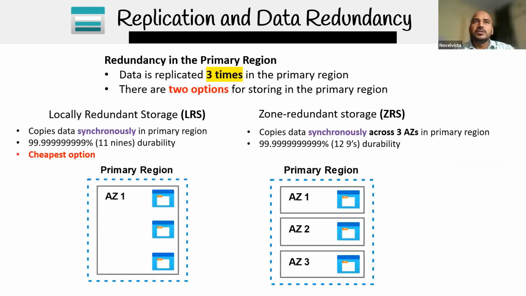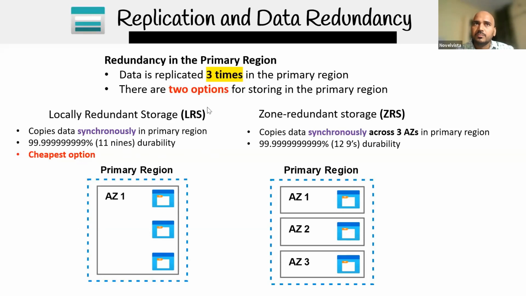Now this image talks in detail about how it happens. You can see locally redundant storage. This is your primary region and 3 copies are kept. With zone redundant storage, your copies are kept in multiple availability zones, but in the same region. These are 2 options for storing in the primary region.